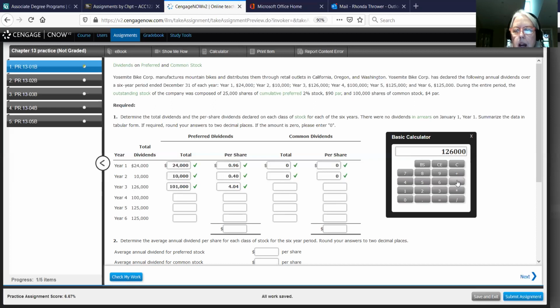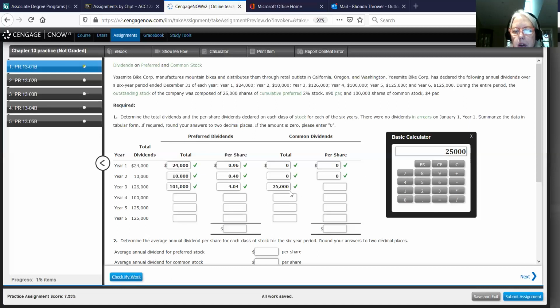We're going to subtract out what we paid to our preferred stockholders, which was 101,000. And that will leave us with $25,000 that we actually paid in dividends to our common stockholders.